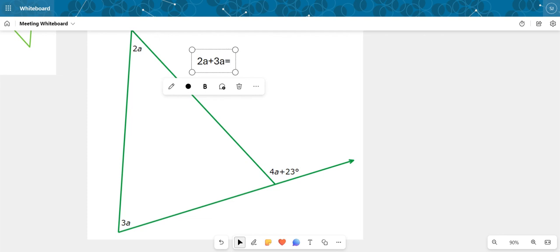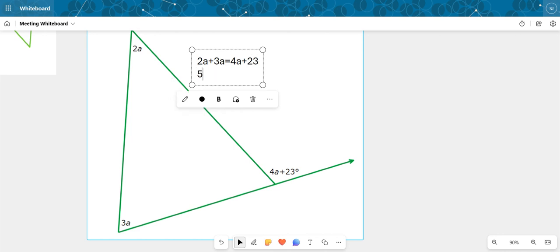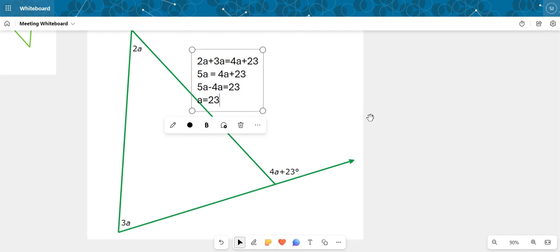And set it equal to the exterior angle, 4A plus 23. 2A plus 3A, well, that's just 5A. So 5A equals 4A plus 23. Subtract 4A from both sides. 5A minus 4A has to equal 23, or simply A equals 23. We have our answer.